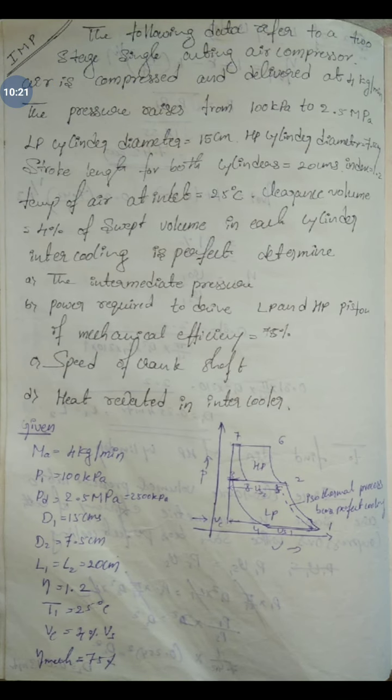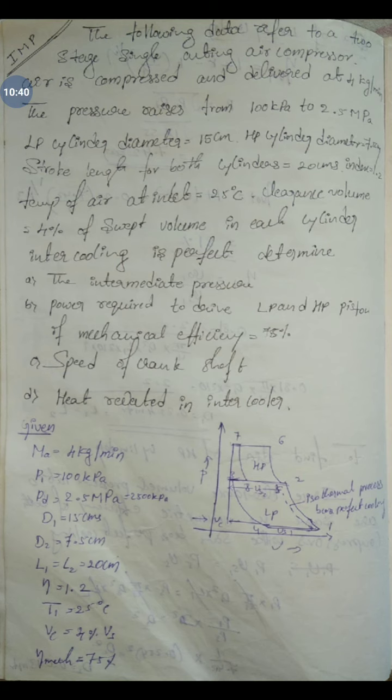In this problem he has given a two-stage single acting air compressor. Air is compressed and delivered at 4 kg per minute. The pressure rises from 100 kilopascals to 2.5 megapascals.